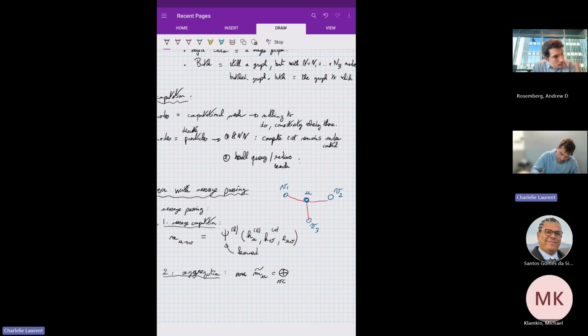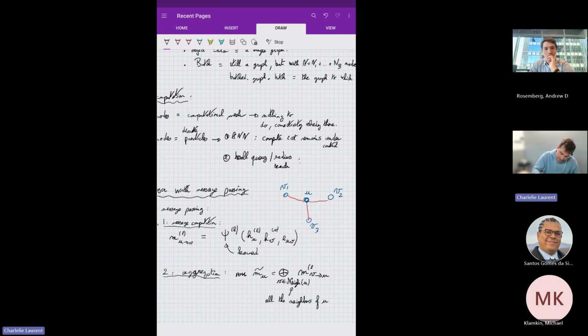So it's for all the neighbors of U. So here V1, V2, V3. And we have this kind of aggregation function. I'm just going to aggregate the messages. This was the message at layer L.